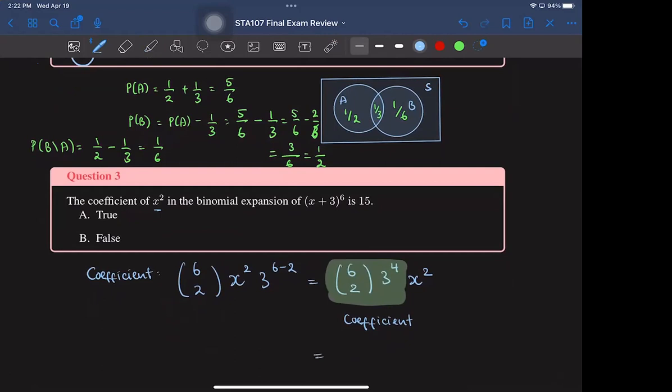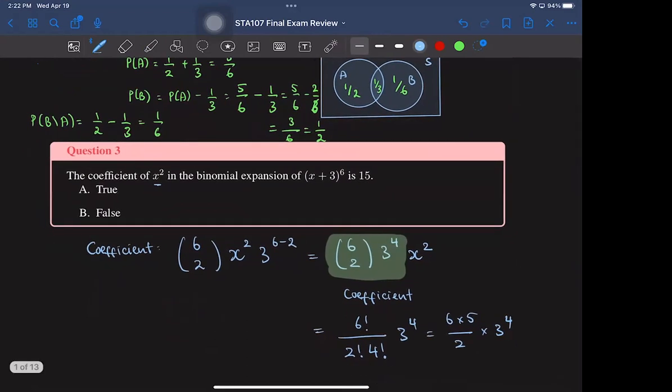And then you see that 6 choose 2 is 6 factorial divided by 2 factorial times 4 factorial, multiplied by 3 to the power of 4. You are left with 6 times 5 over 2 multiplied by 3 to the power of 4. And this number is obviously greater than 15, right?